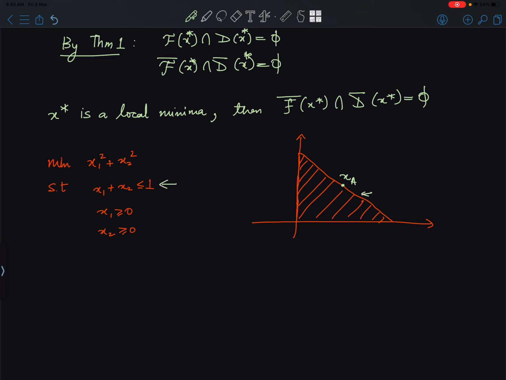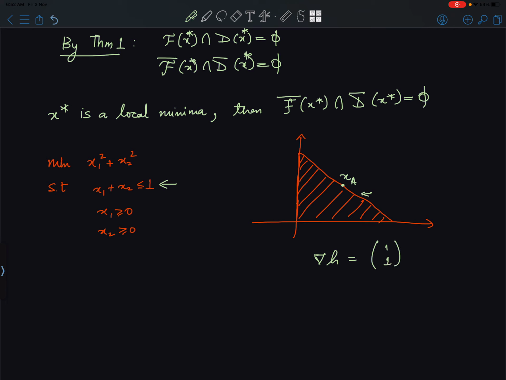So I'll just take the gradient of h at this particular point, which is 1 comma 1, right?